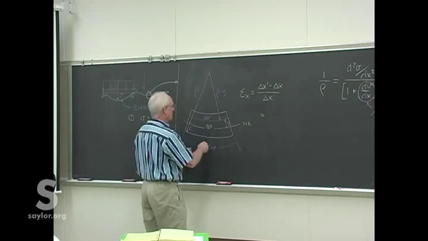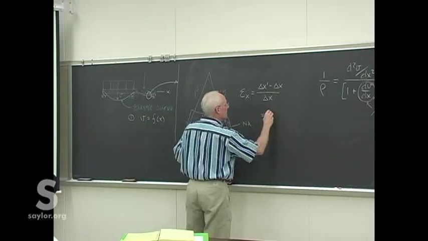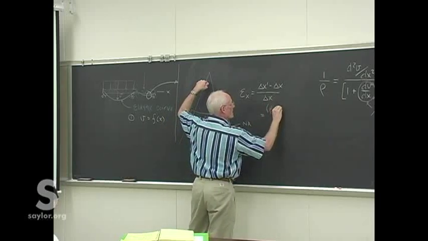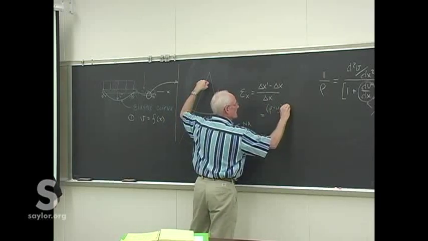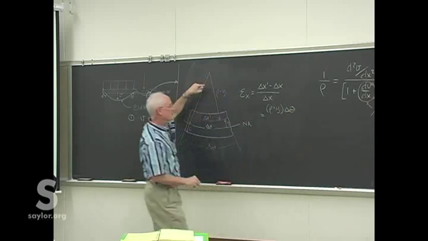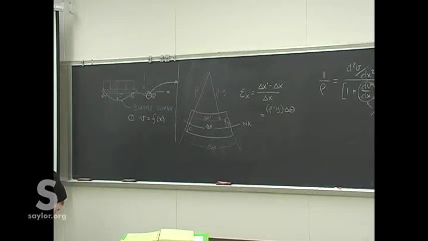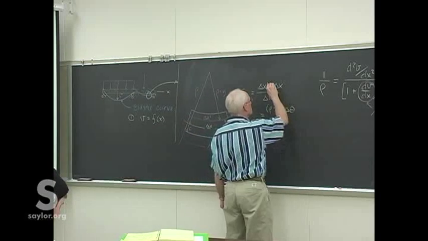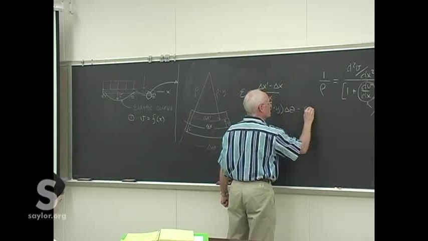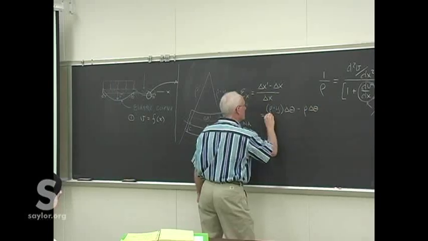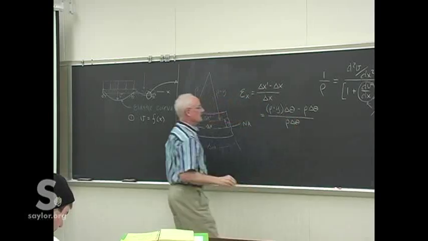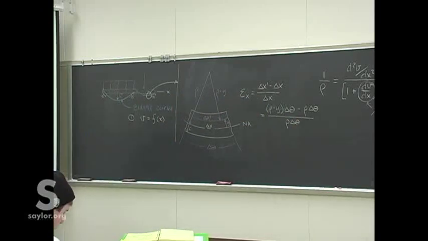So the arc length of that delta x prime is rho minus y delta theta. That's the delta x prime. Delta x is rho delta theta, so we subtract that off, rho delta theta, and so this is over rho delta theta, and of course the delta theta cancels.